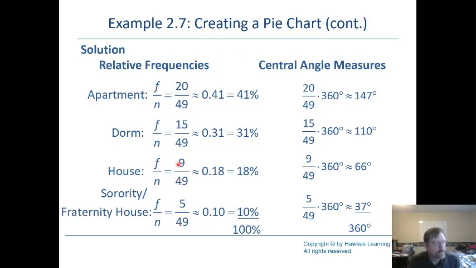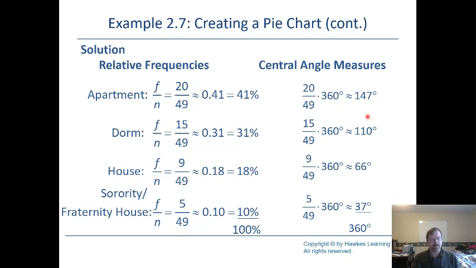Okay, so here are our relative frequency numbers, rounded to the nearest whole percentage, and they add up to 100. Then here are our central angle measurements. There's 360 degrees in a whole circle, so 41% of a whole circle is about 147 degrees.